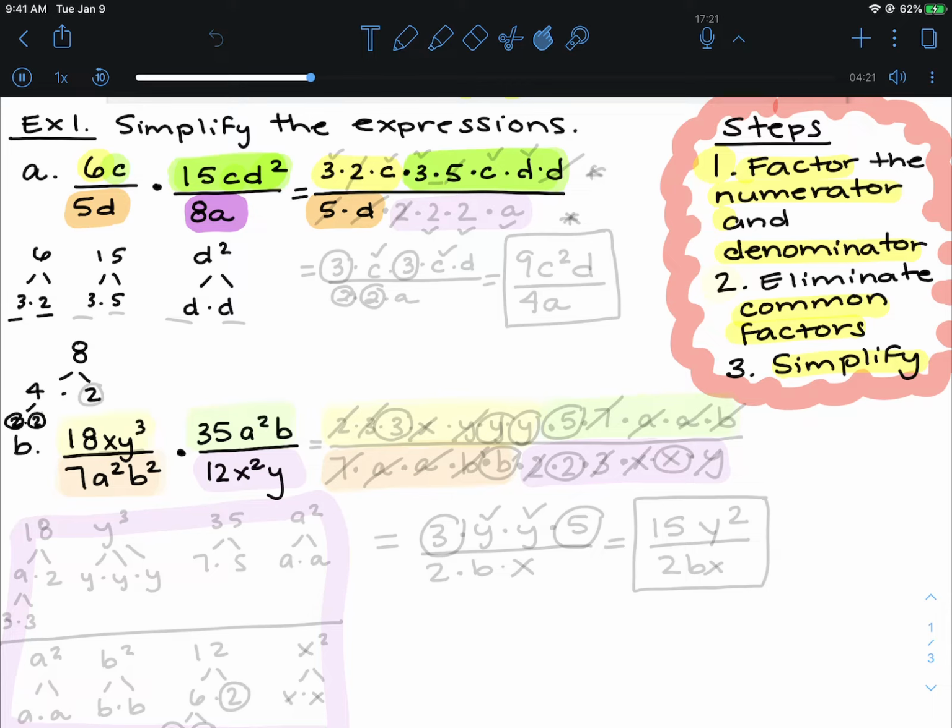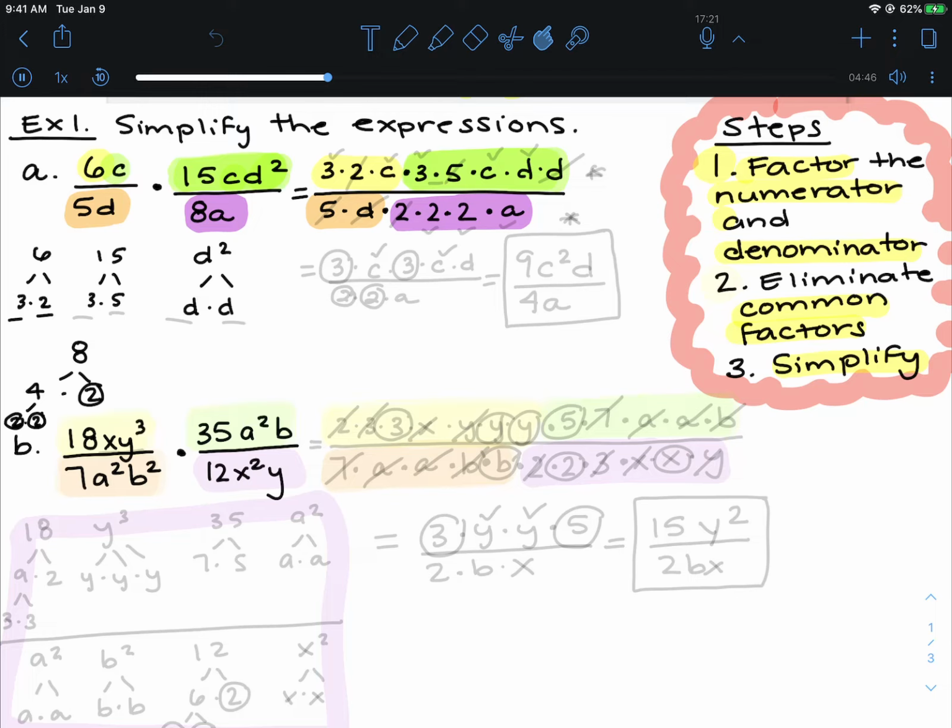So I'm going to get 2, 2, and 2. So now I'm going to multiply this times 2 times 2 times 2. 2 times 2 times 2 is literally the same thing as 8. And now I'm just going to multiply this times a, so that they're both equivalent. So the left side right here matches the right side over here. It's just in a factored form.